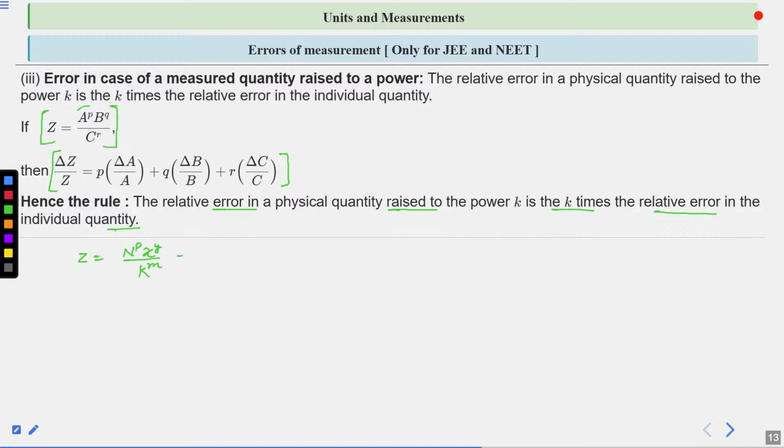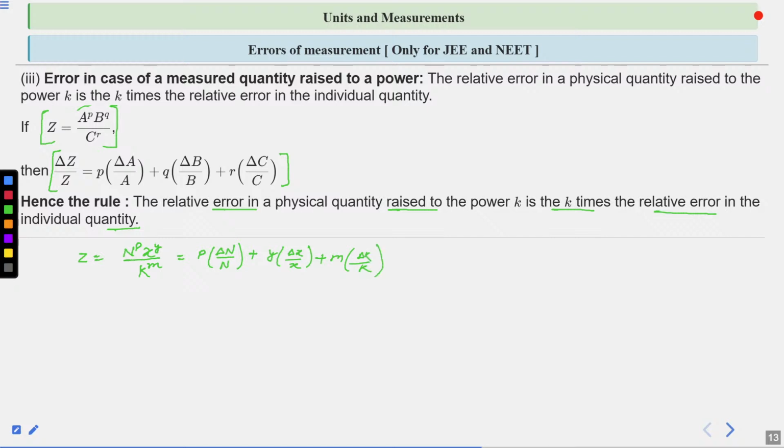So the answer will be, listen carefully, p into delta n divided by n plus y into delta x divided by x plus m into delta k divided by k.